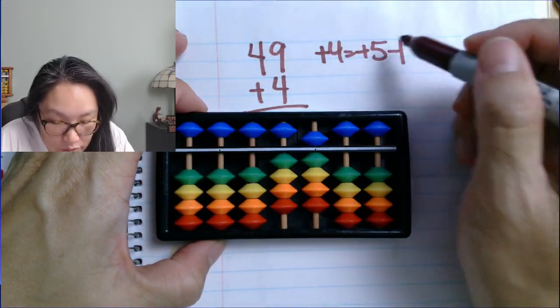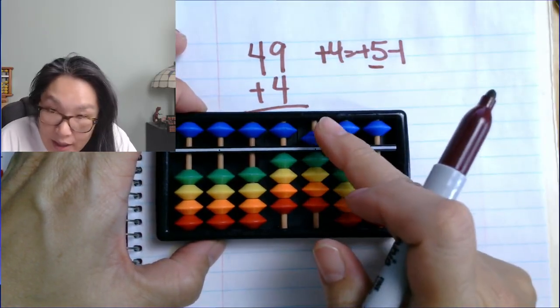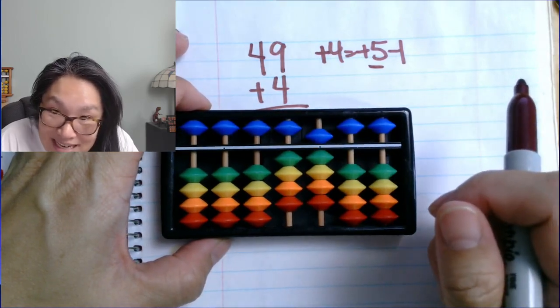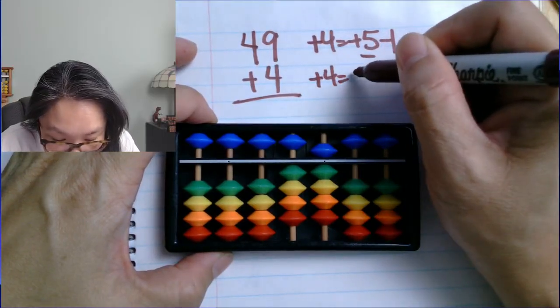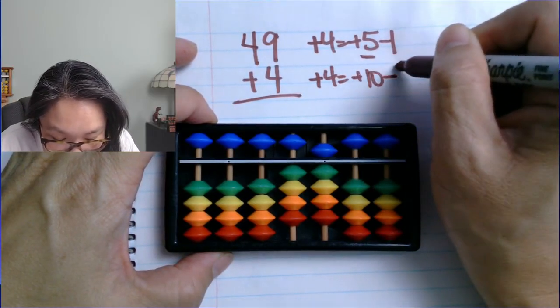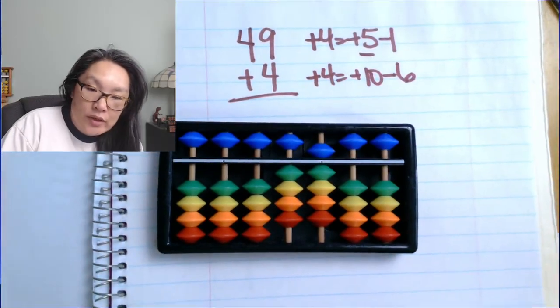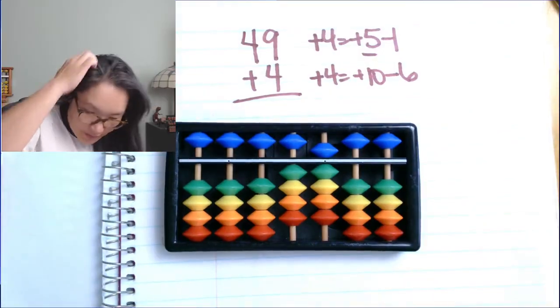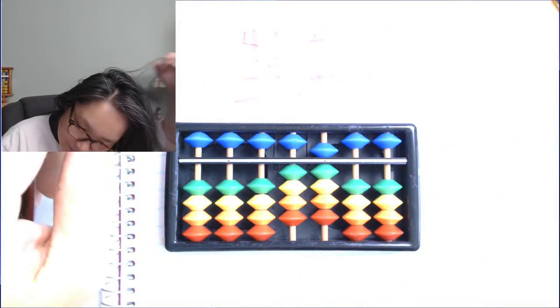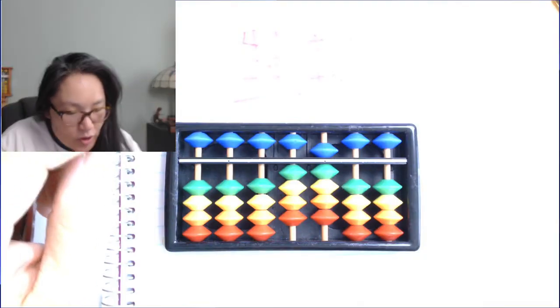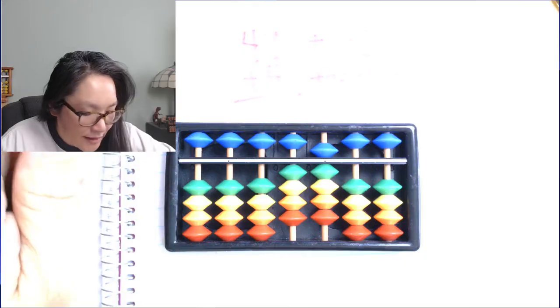So what do we do? Can we add the 5? No, we cannot add the 5. So what's our next thing we have to do? Remember, plus 4 is equal to plus 10 minus 6. We know this. All right, fine. Let's do plus 10. This is where it gets a little sticky. And this is what I was trying to workshop in the beginning of my live.